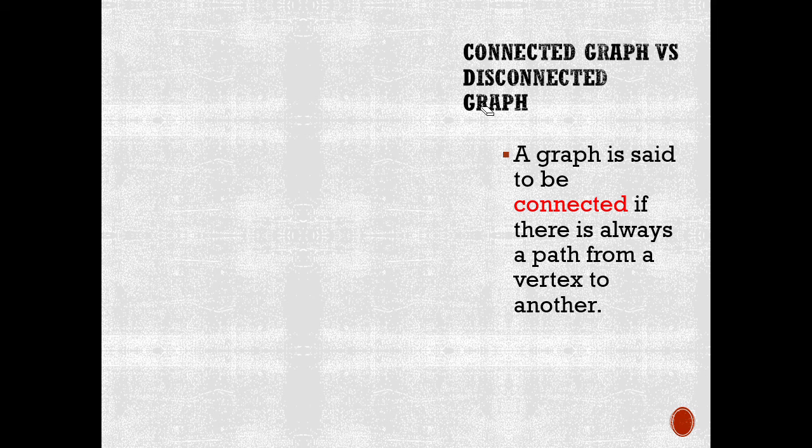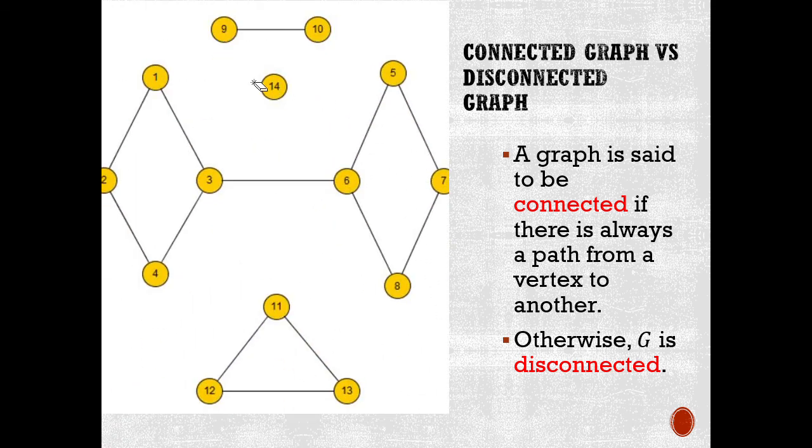Okay, so let's continue. Now we differentiate connected graph and disconnected graph. Basically, this is self-explanatory. A graph is said to be connected if there is always a path from a vertex to another. This means that you can always have a path from any starting vertex to any destination vertex. Otherwise, the graph G is disconnected. Let's take a look at this graph. It has 14 vertices and they are already numbered.